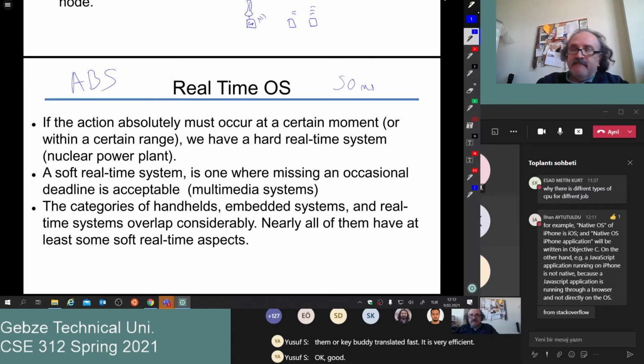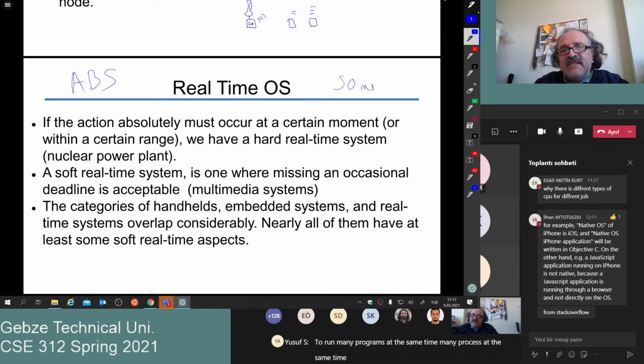One more question. Multi-core and multi-process, are they the same thing or are they considered the same thing? No, they are very different. A multi-process operating system doesn't need multi-core. Multi-program operating systems use a single CPU to run many programs, many processes, at the same time.